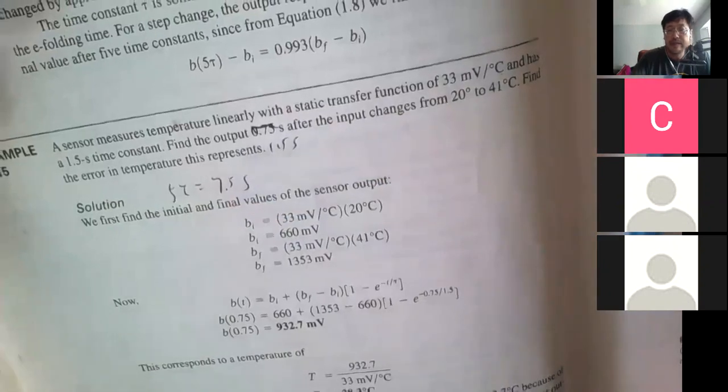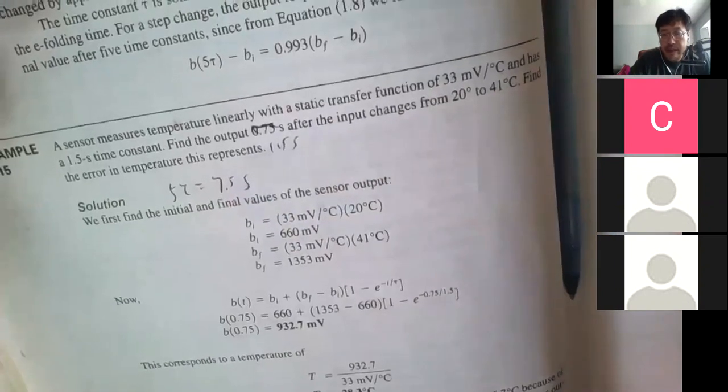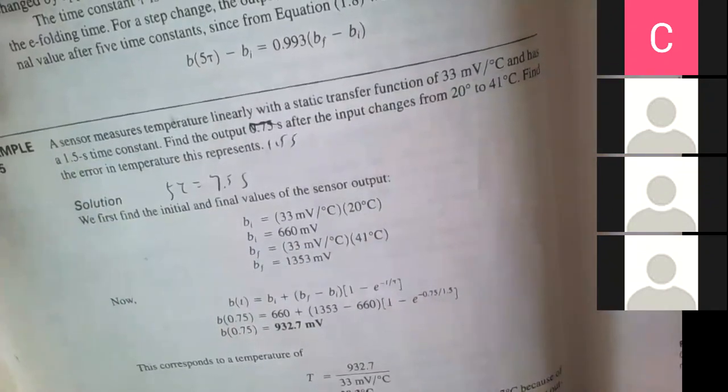It will be 7.5, right? So you have to wait a minimum of 7.5 seconds. Why? Because the time constant is 1.5, and when you multiply by 5, that's 7.5. That's the minimum required. If you wait 10 seconds, that's even better. It doesn't hurt.